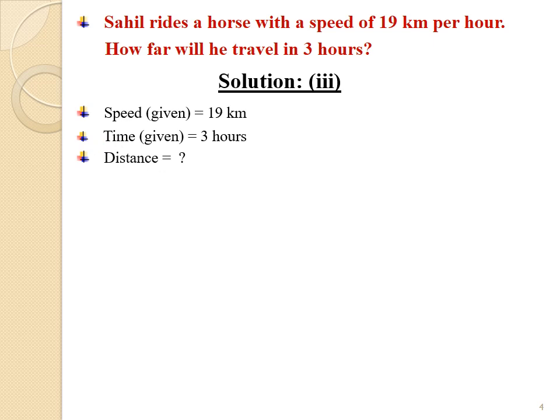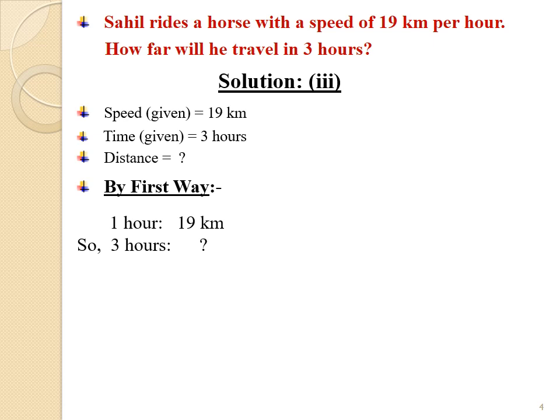Now, let's solve this sum first by the first way. 1 hour, 19 kilometers. So, 3 hours, how much? Now, by cross multiplying, we get 19 multiplied by 3 by 1.